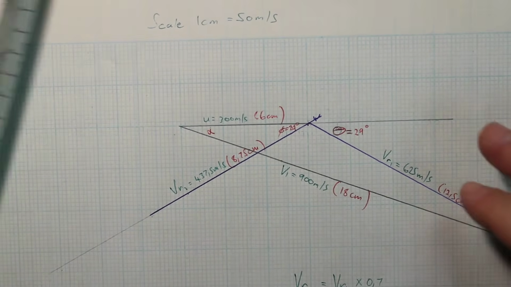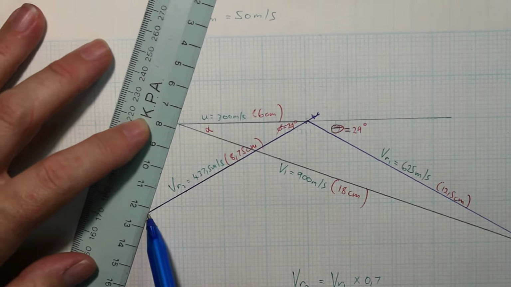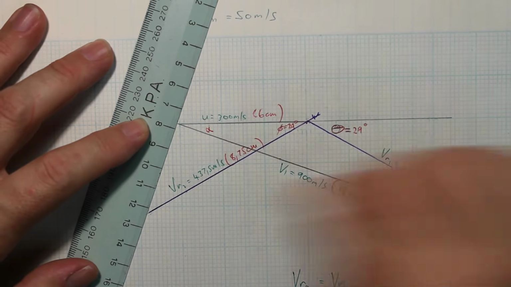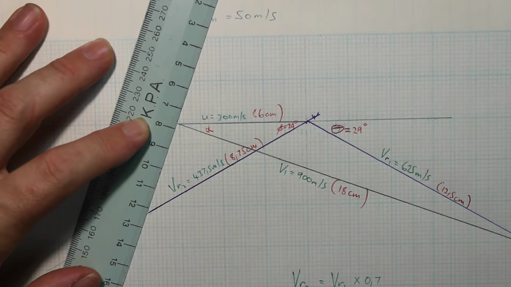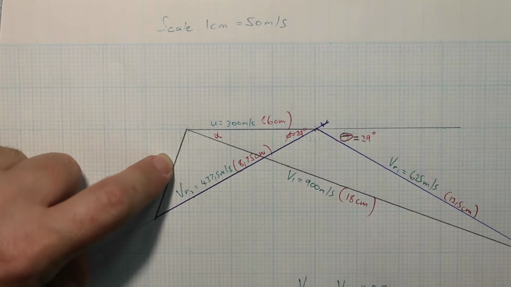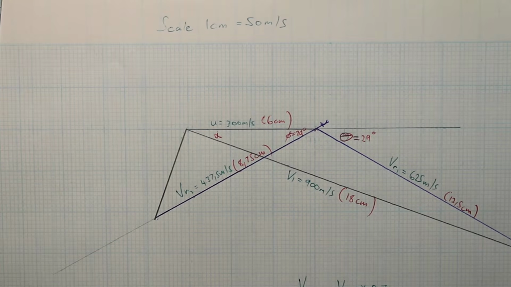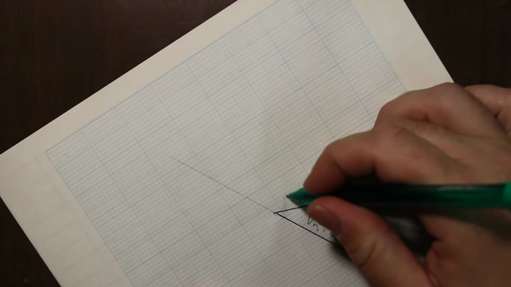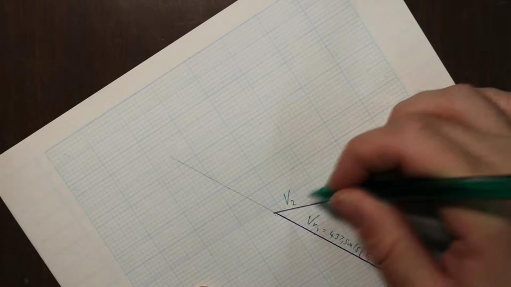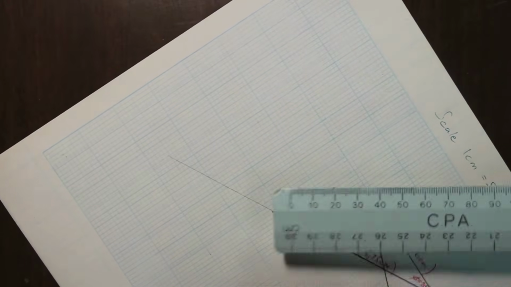And then to end off the diagram, we're just going to join that point to that point there. Let me do that. There we go. So we join that, and that is the outlet velocity, that's V2, and we need to measure that because we don't know what it is.